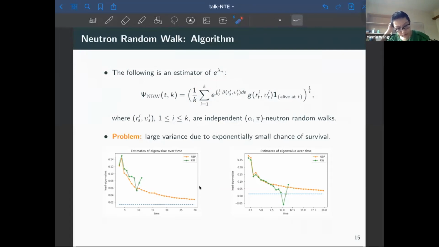At first sight, you would say in doing this we have scrapped the diffusion, so this might improve on the efficiency of the algorithm.